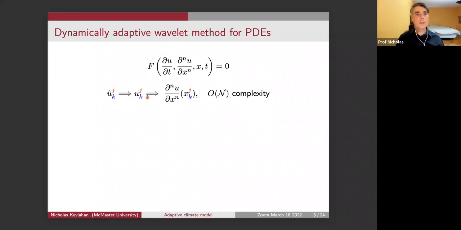From this, we can use our favorite, for example, finite difference or finite volume method at each of these scales to get derivatives or differential operators. And all this is in linear complexity in terms of the number of wavelet coefficients we keep. And remember, this script n depends on epsilon.